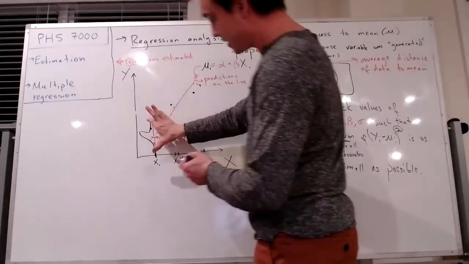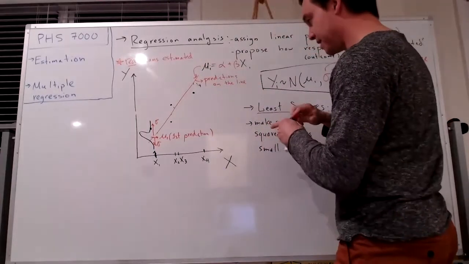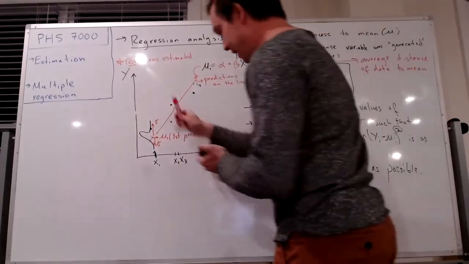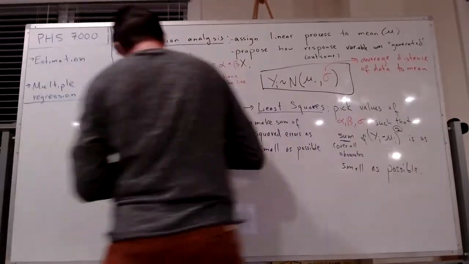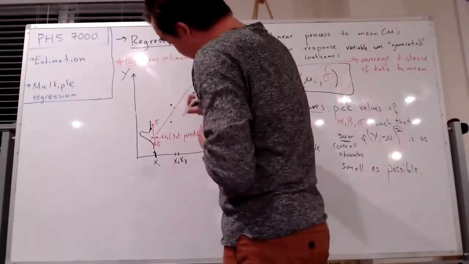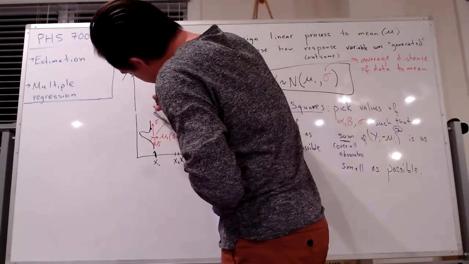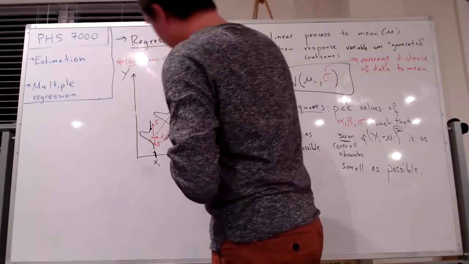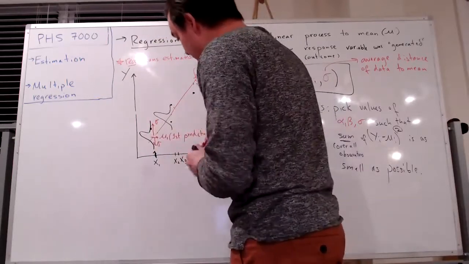So then we take this normal distribution, we're just going to slide it up this red line. So then at the second value of my explanatory variable, I'm going to center a normal distribution that is equally wide. The only thing that changes is my mean.